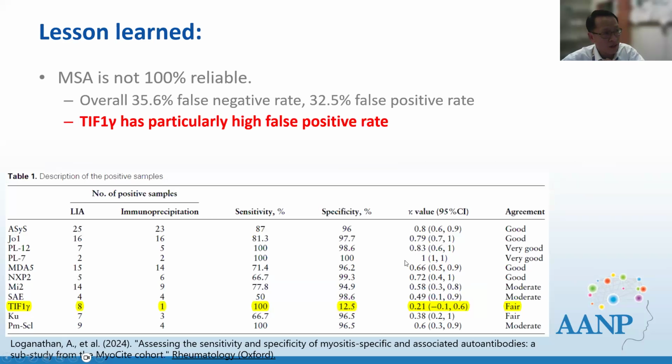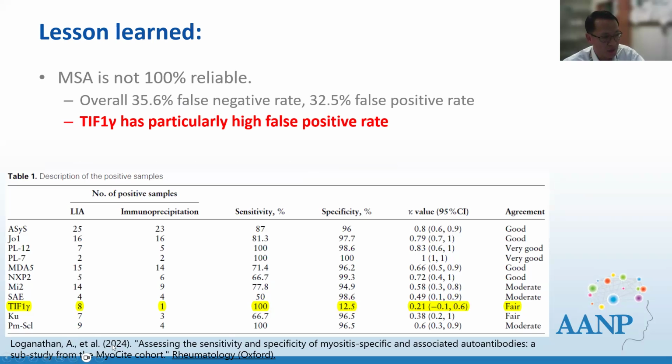What we should learn from this lesson is that the MSA is not 100% reliable. Overall, there are about 40% false negative rates, and false positive rates of about 1/3 of cases. In particular, TIF1 gamma has the biggest problem.